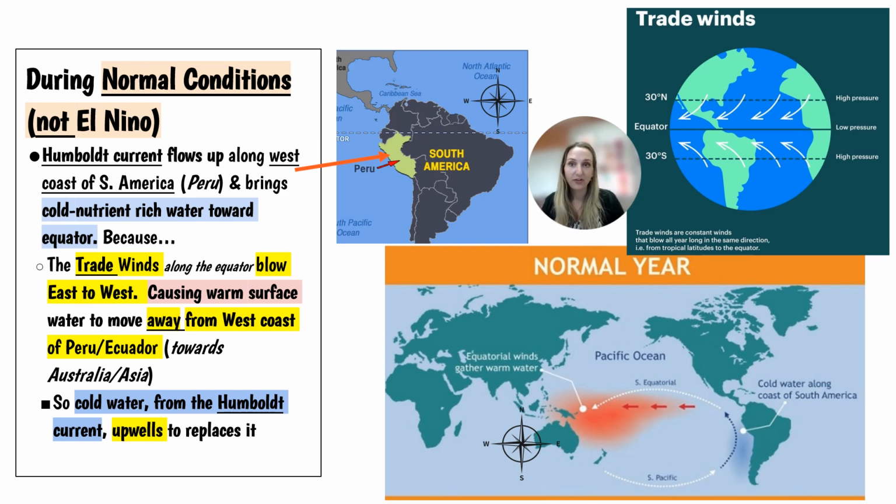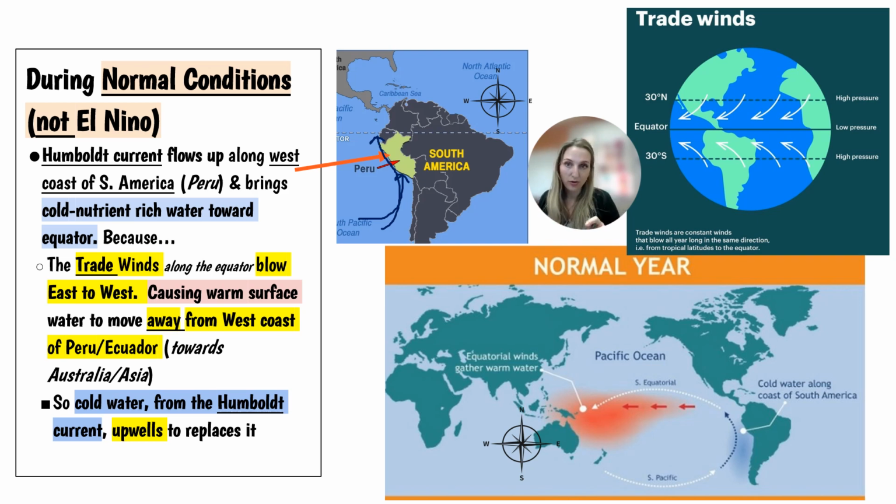Okay, so this Humboldt current, you had a vocab term for that. It's also called the Peruvian current. It is going to move up off of the coast of South America, the west coast of South America, right here. So it travels along this coastline.